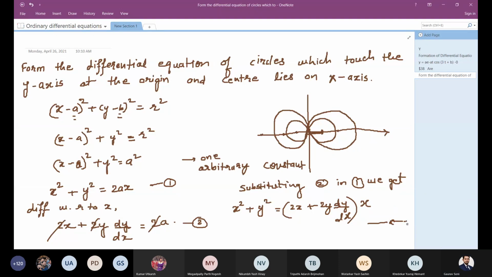Done. We'll try to solve one example. Should I go to the next page or are you writing this? Writing, sir.